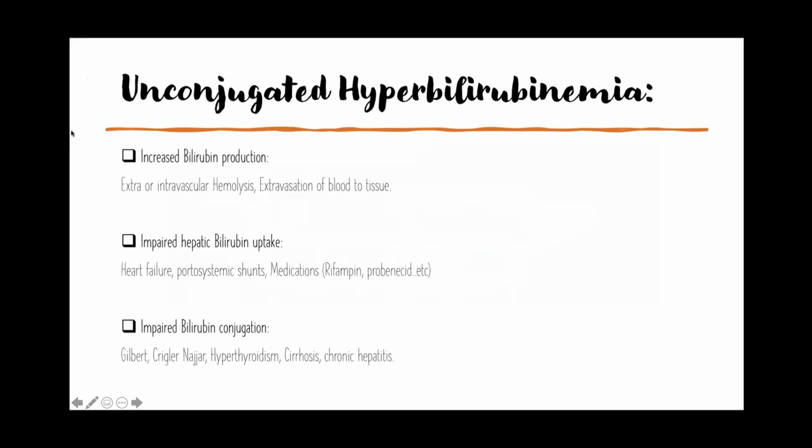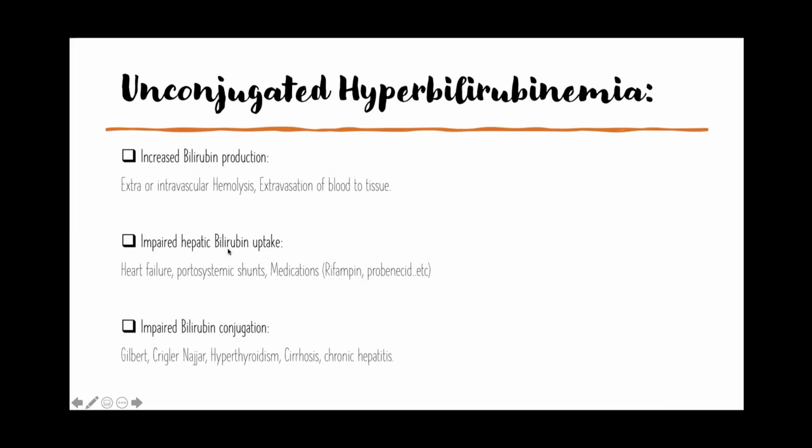Okay, so just to recap, we have unconjugated hyperbilirubinemia. It's either increased bilirubin production by hemolysis, or extravasation of blood into the tissue, like large hematomas.